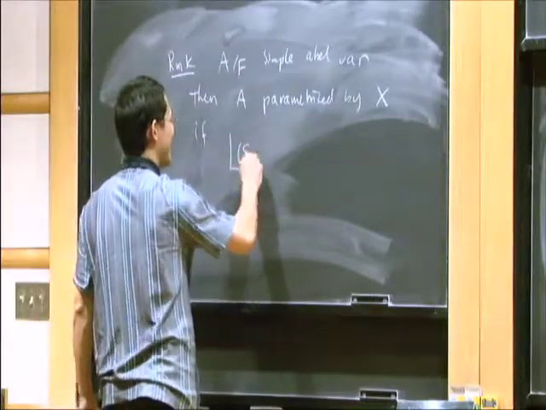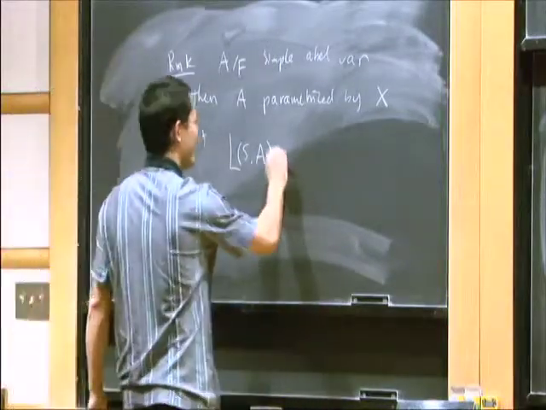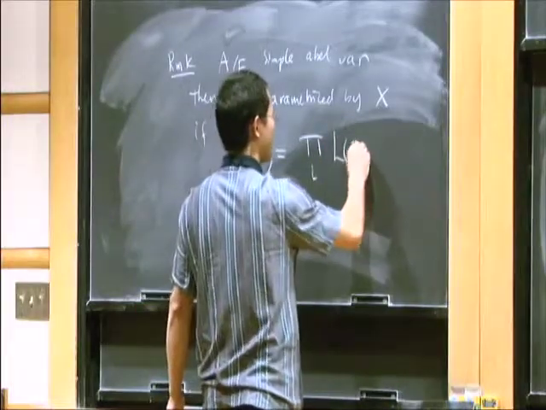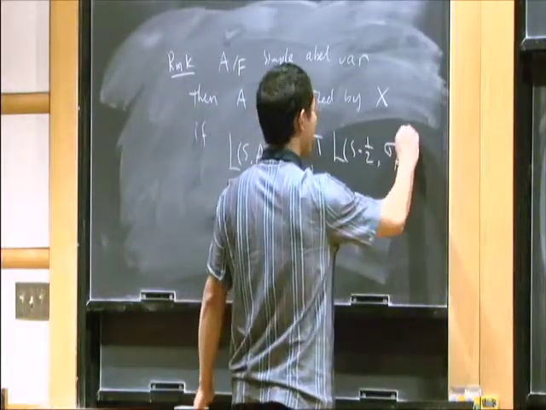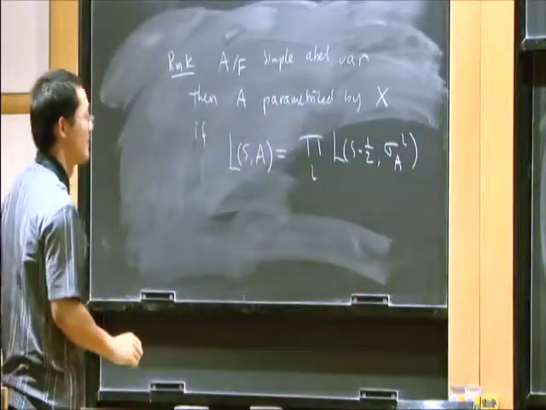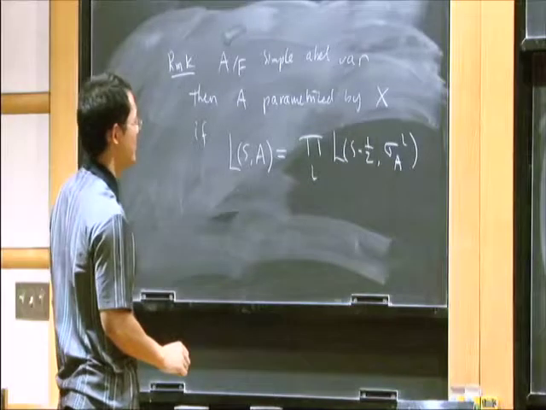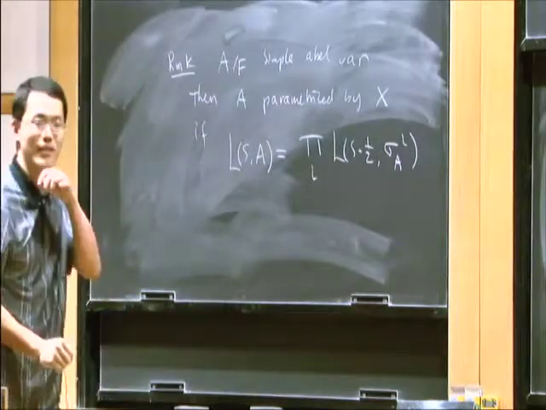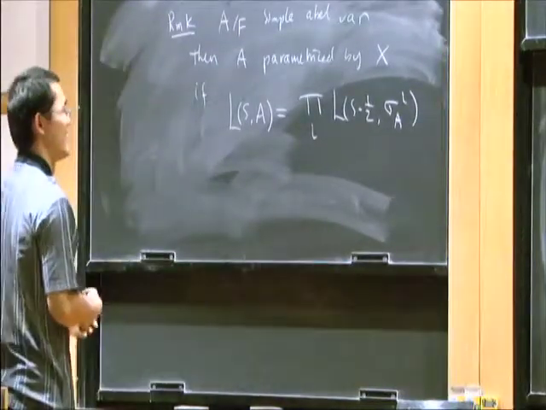If this is the L function of A, it is a product of these iota, L(s minus a half, sigma A iota). Local. This is global, no problem.